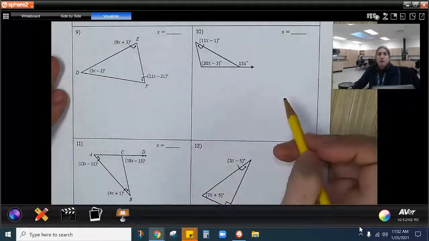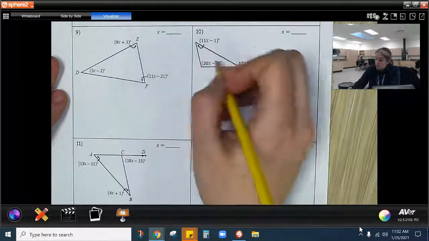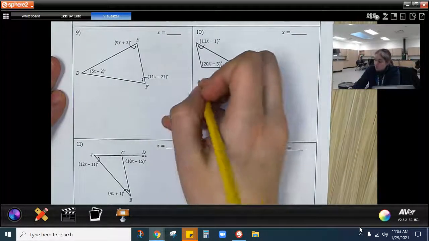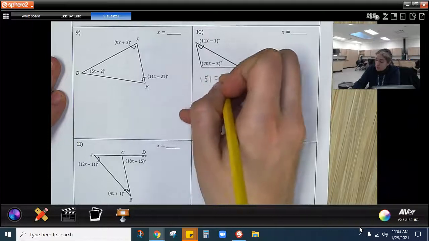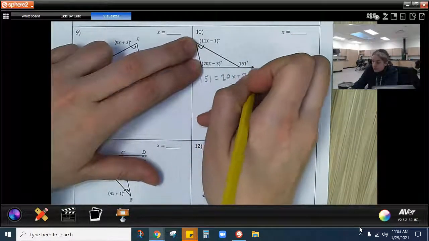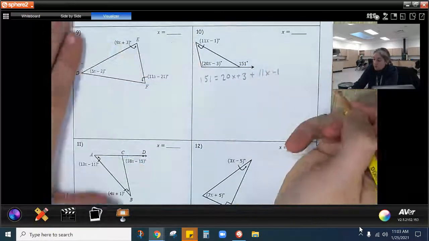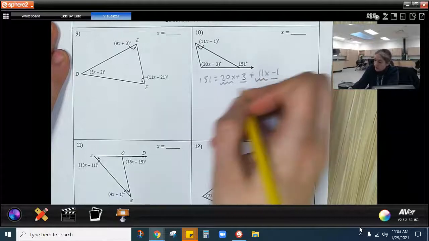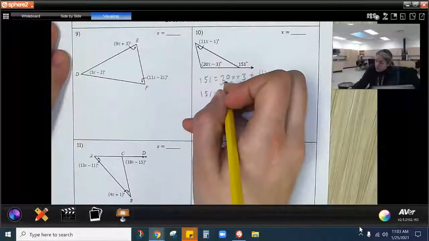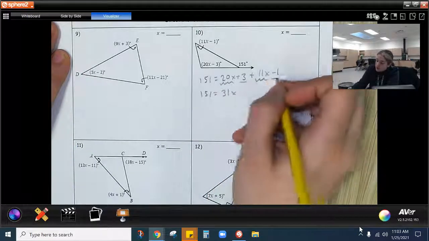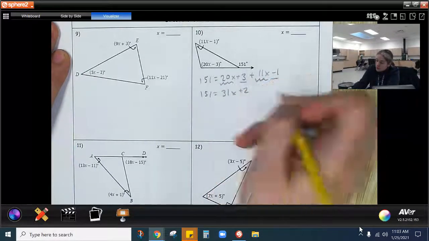For this one, we have 2 angles in the exterior, so we can use the exterior angle theorem, which says that 151 is going to be equal to these angles added together. So 20x plus 3 plus 11x minus 1. I'm going to combine like terms. So 151 is equal to 20x plus 11x is 31x, positive 3 minus 1 is a positive 2.